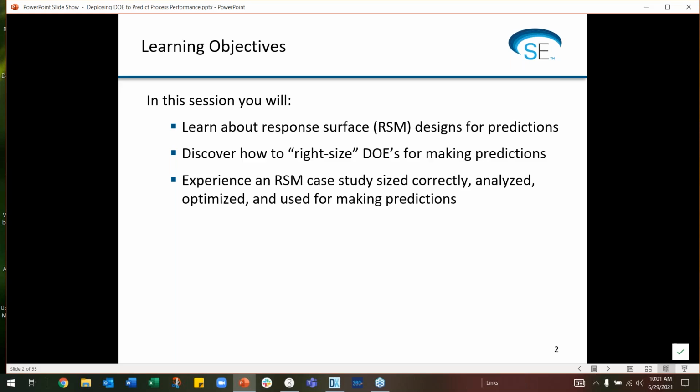We're going to experience a response surface case study that has been sized correctly, and we will walk through the analysis, the optimization, and conclude with making predictions from this and showing that they are indeed as precise as we are interested in.